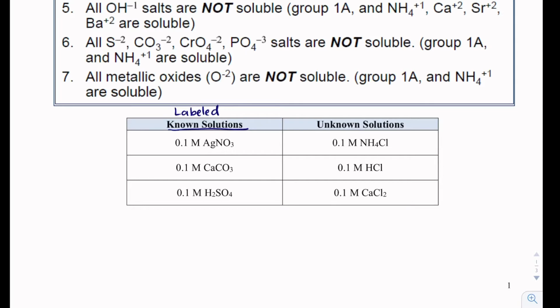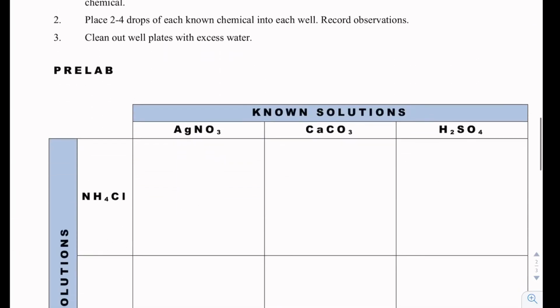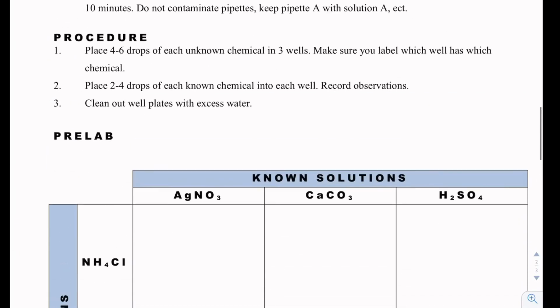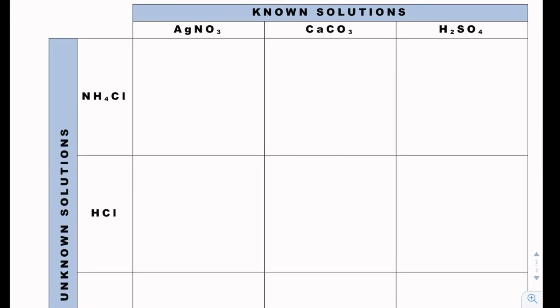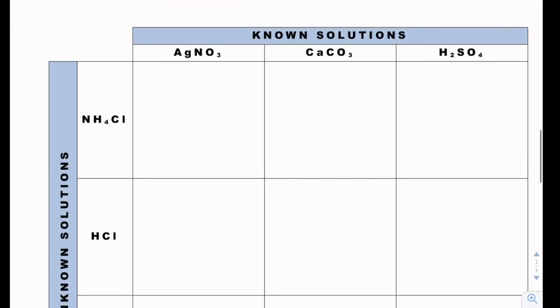There's a specific way that we can go about doing this. If we look here, I have created a table, which is something that you would need to create on the Mystery Solutions lab that we're going to do next week. How this works is I'm going to cross them in either a double replacement reaction, which is what we see in this lab, or, like next week's lab, we could also cross them with a single replacement reaction.